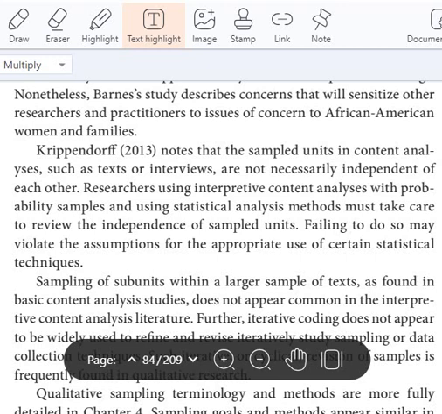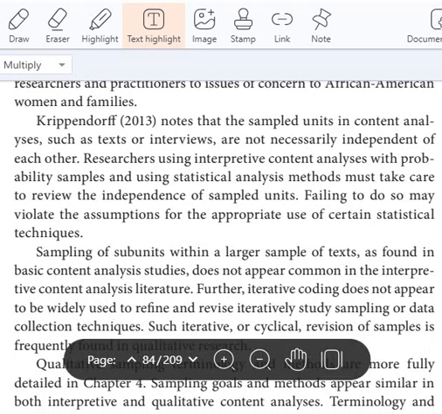Failing to do so may violate the assumptions for the appropriate use of certain statistical techniques. Okay, so the independence among samples is very important to be achieved. So independence of sampled units.